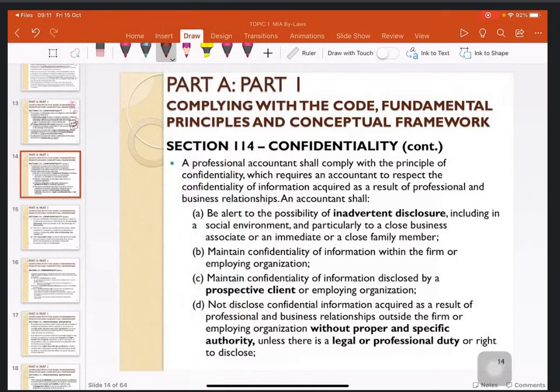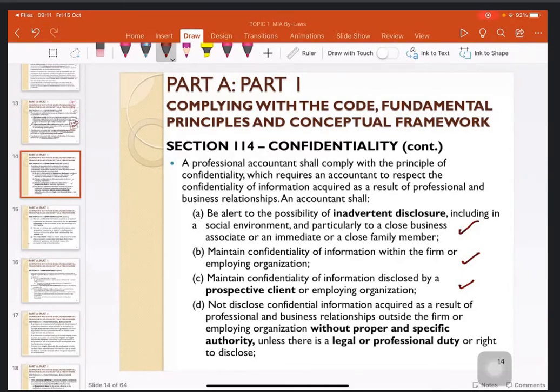Okay, this one we already discussed. You must maintain confidentiality of information within the firm or employing organization. Even for your prospective client, you need to maintain confidentiality.